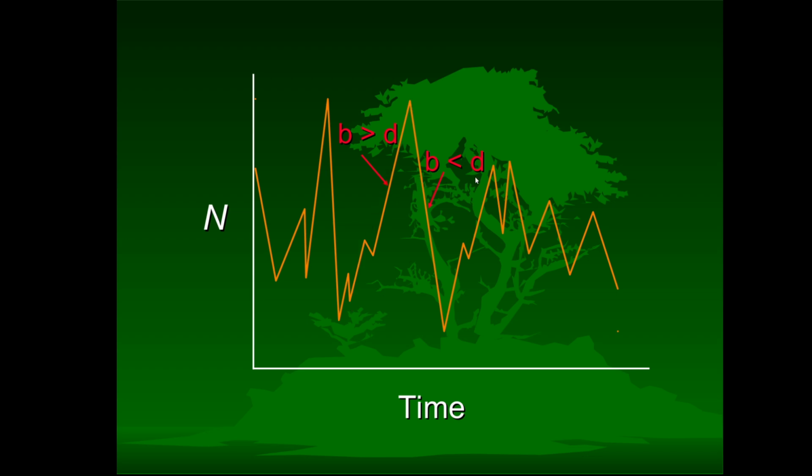And then in other periods, the death rates will be higher than the birth rates and the population will decrease. So you've got this random walk. And it's always possible that that random walk could come down to zero, in which case you have extinction. Much more likely in small endangered populations. So this is a major threat to small populations, demographic stochasticity, this random fluctuation in demographic quantities like birth rates and death rates.